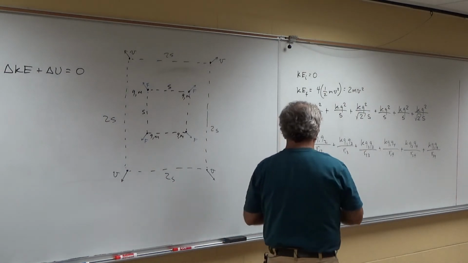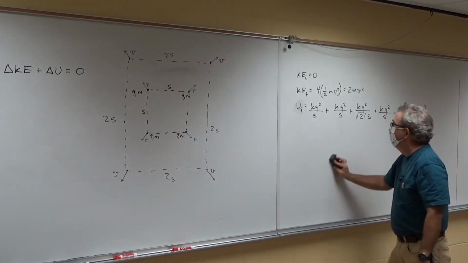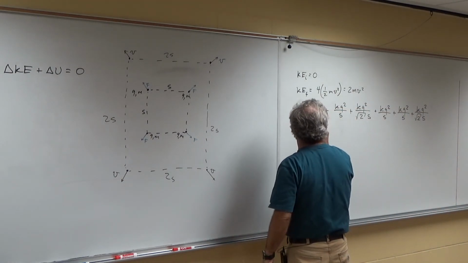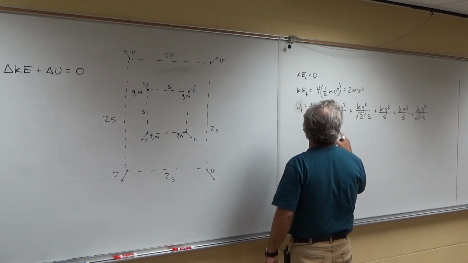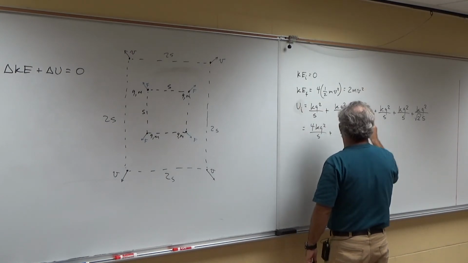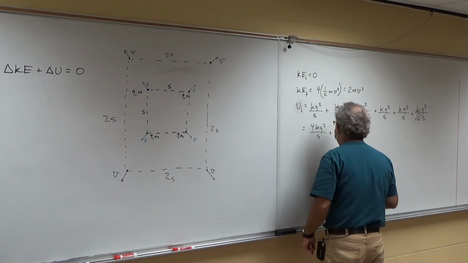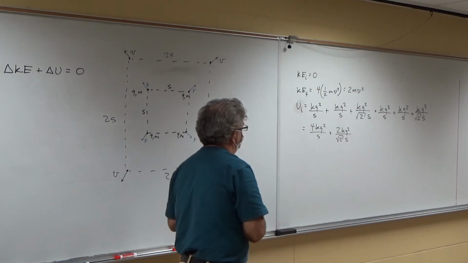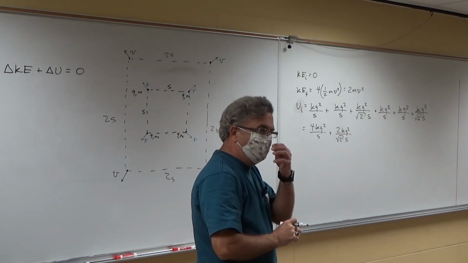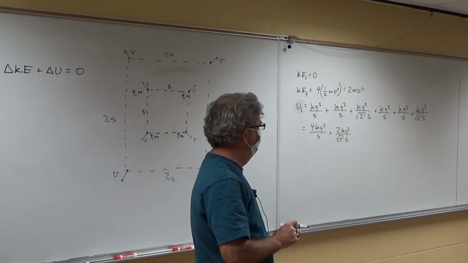I'm going to clean this up a little bit, get rid of this. So I've got four of these. 1, 2, 3, 4. Okay. 4kq squared over s plus 2kq squared over square root of 2s, right? That's U initial. I'm going to leave it like that.